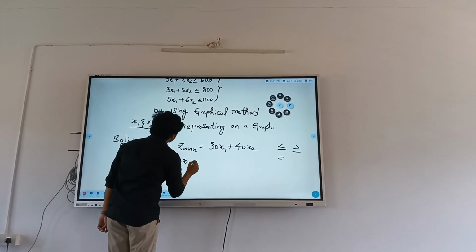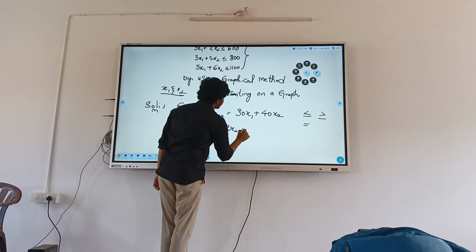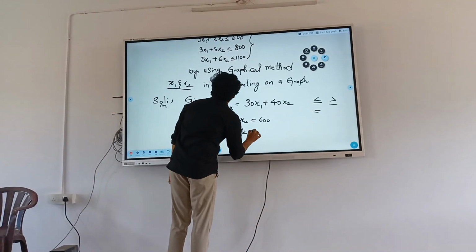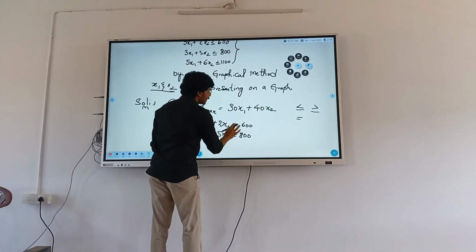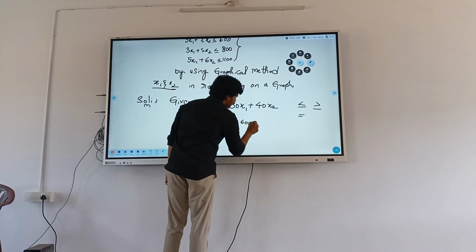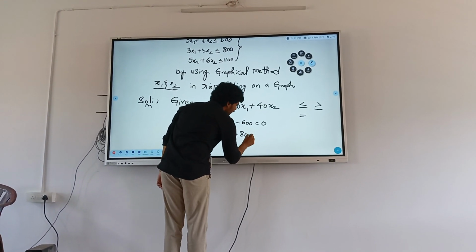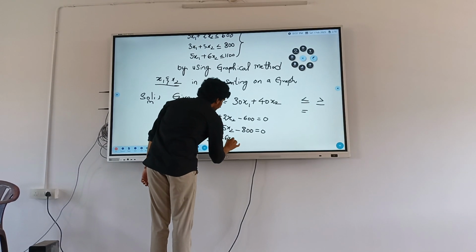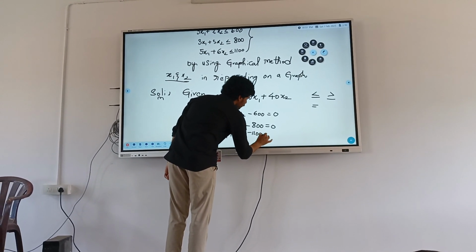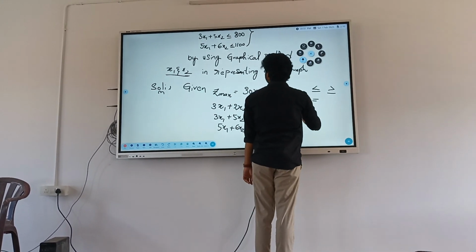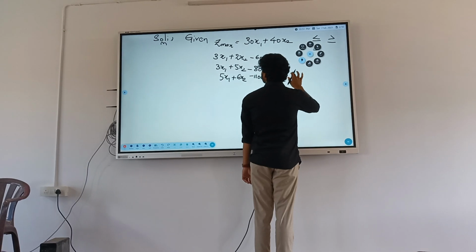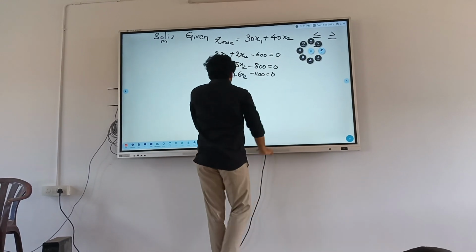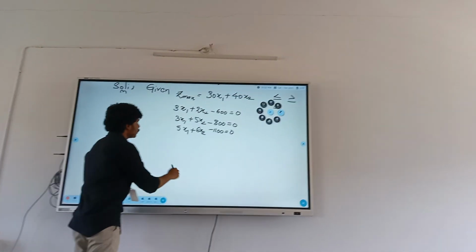The equations will be 3x1 plus 2x2 equals 600, 3x1 plus 5x2 equals 800, or we can write them as 3x1 plus 2x2 minus 600 equals 0, 3x1 plus 5x2 minus 800 equals 0, and 5x1 plus 6x2 minus 1100 equals 0.